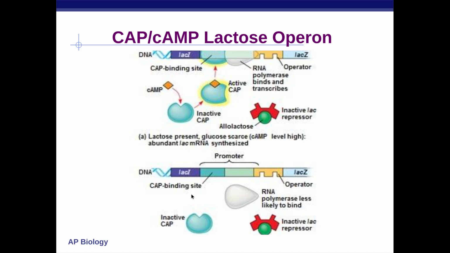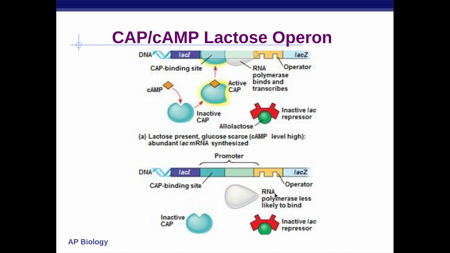When cyclic AMP levels go down, then the inactive cap protein is not bound by anything, which means it cannot bind to the cap site, which means the production of lactose enzymes is going to be reduced. Like the lactose operon is going to be shut down, not shut down, but reduced.